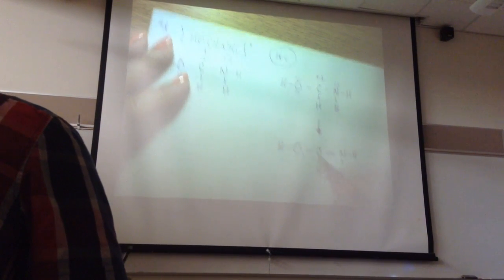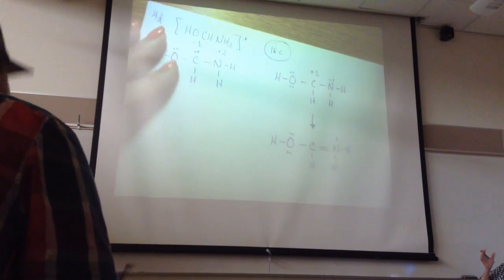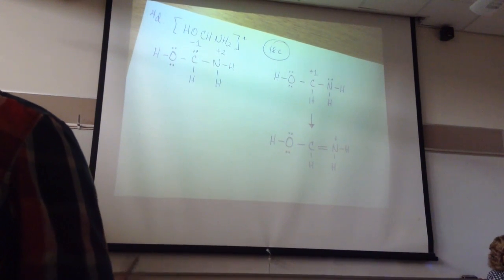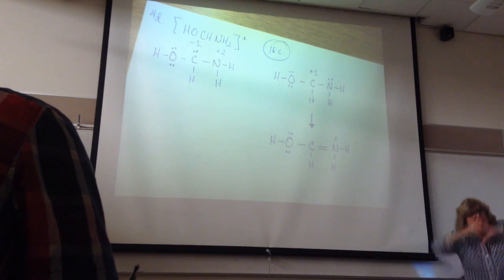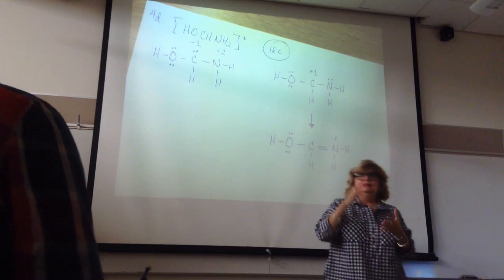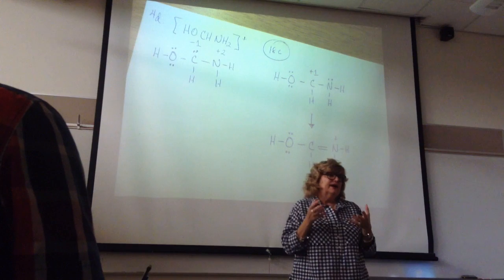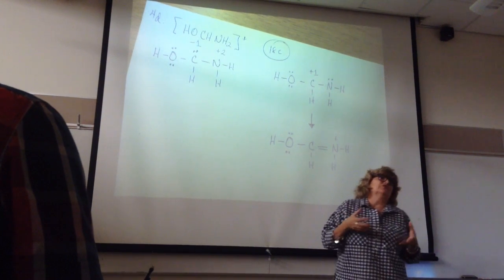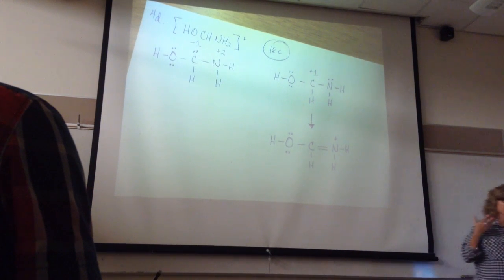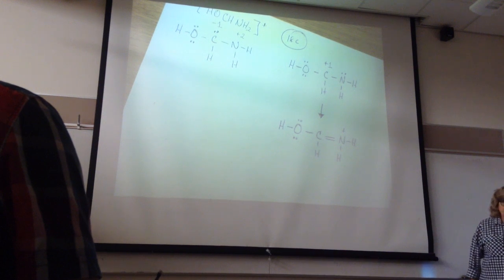When the nitrogen goes in with a double bond, the nitrogen now is a plus, which is really hard because I just finished saying that the most electronegative atom should have that. But remember, the big criterion at the very top of it all is that every atom has a full octet. That's overwhelmingly the highest criterion, and in this picture, every atom has a full octet. So this is by far the major resonance contributor. Everybody okay?